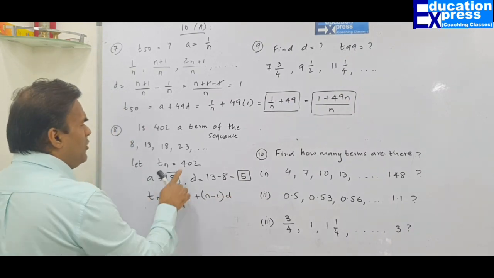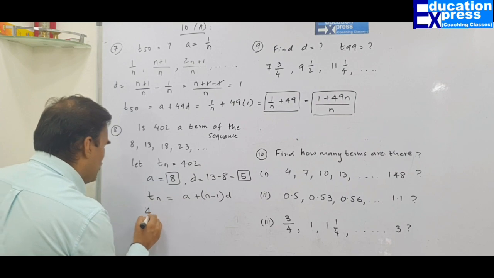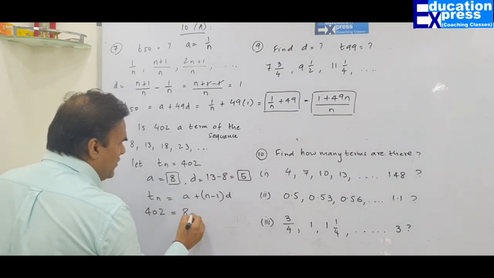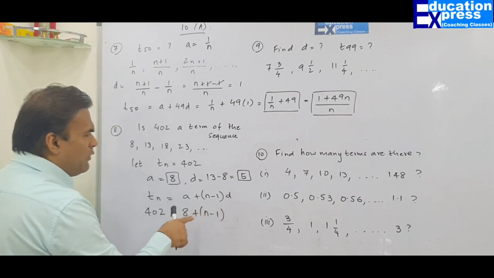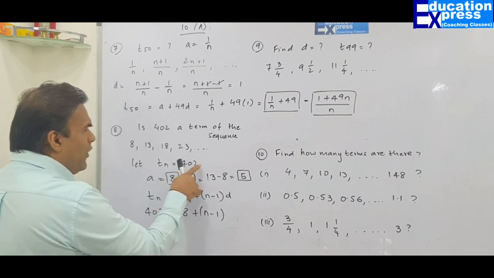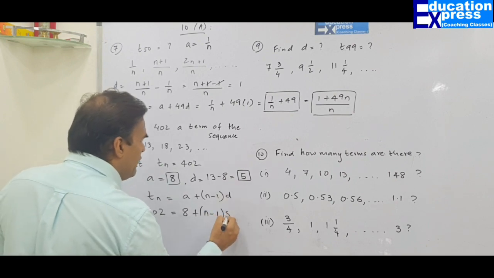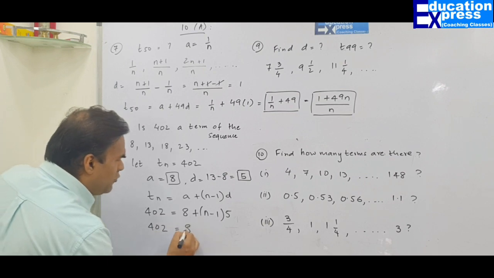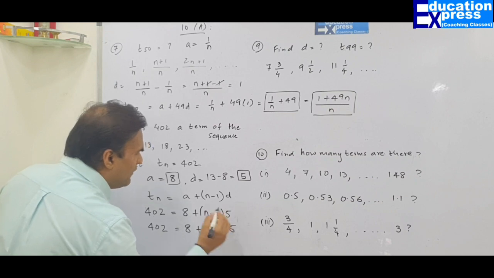I want to find out the position of this number. So Tn is 402, is equal to a, the value of a is 8, plus n minus 1. I don't know n, that is what I want to find. Once I get n, I can say that yes, 402 is that term, into d. d is 5. So when you open up, 402 is equal to 8 plus 5n minus 5.